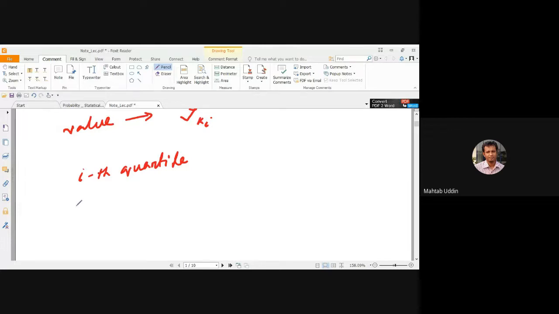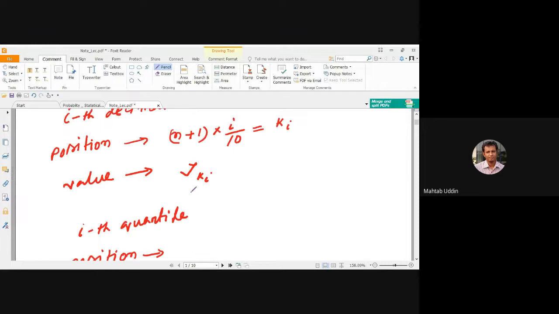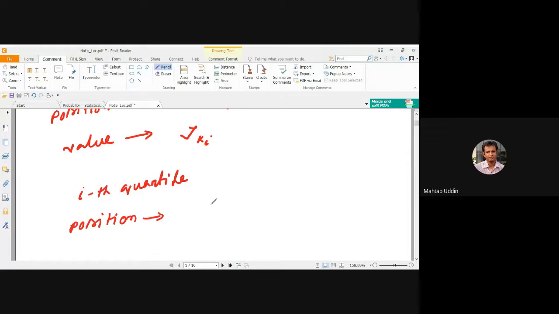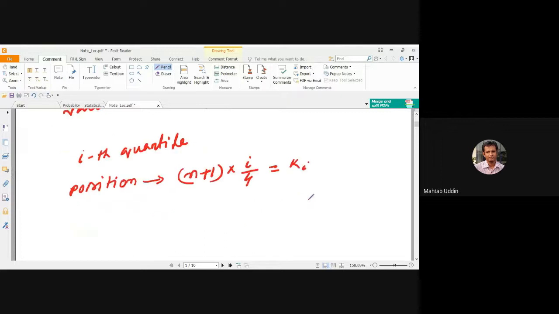In a similar manner, n plus 1 into i by 4 equals k_i, then its value will be y_{k_i}.